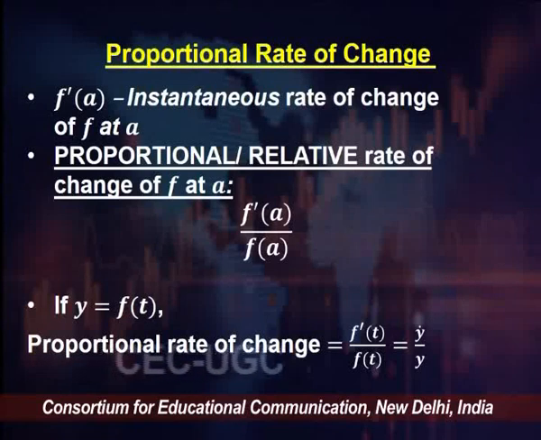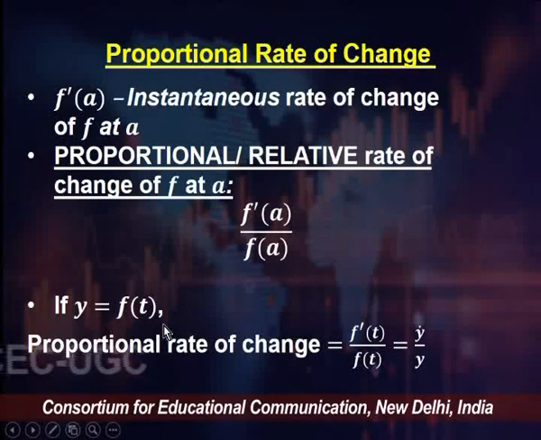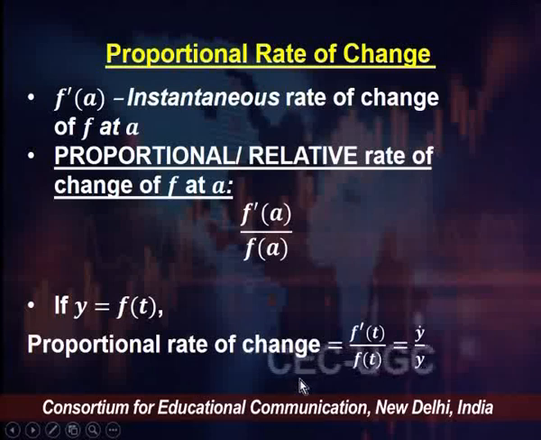Now, very often the variables that we deal with in economics are functions of time. So, if y is a function of time, then the proportional rate of change is given by f prime of t divided by f of t.